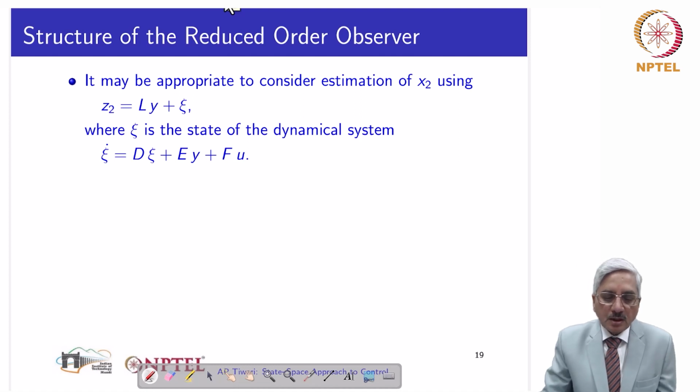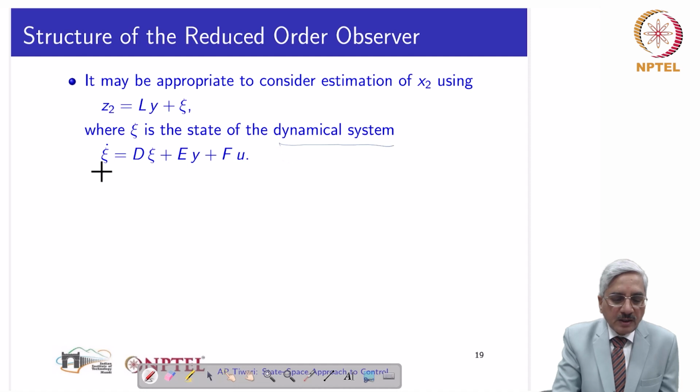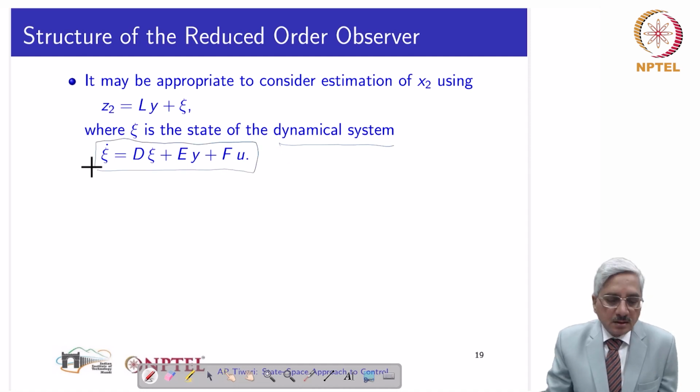So the reduced order observer, like a full order observer, is also a dynamical system, and we assume its dynamics of this form. Xi is the state which is of the same size as z2, so xi is of size n2.